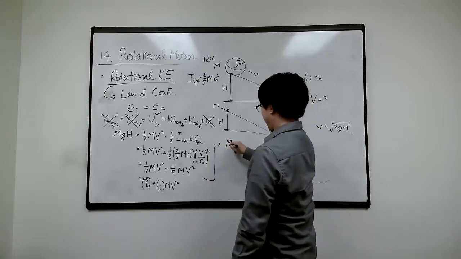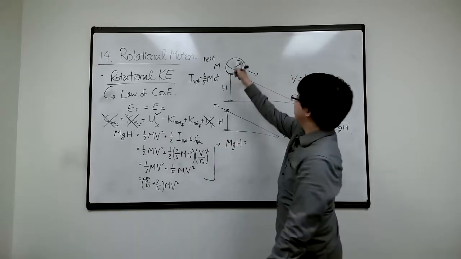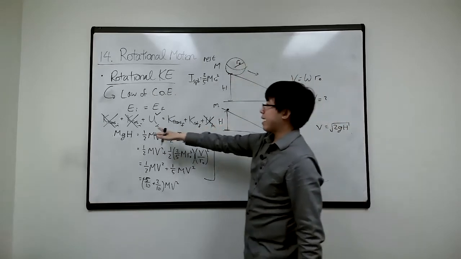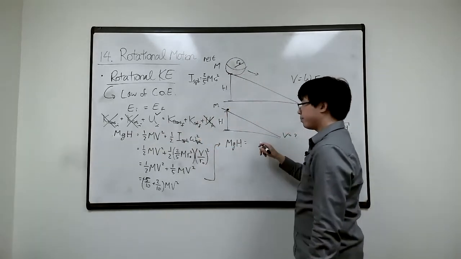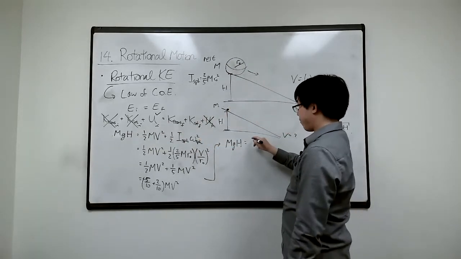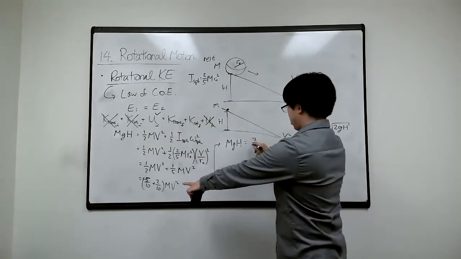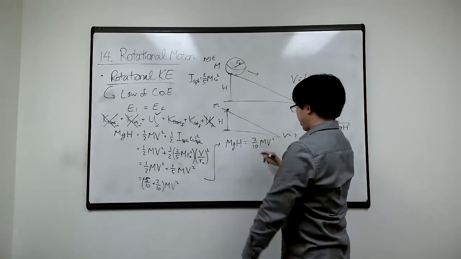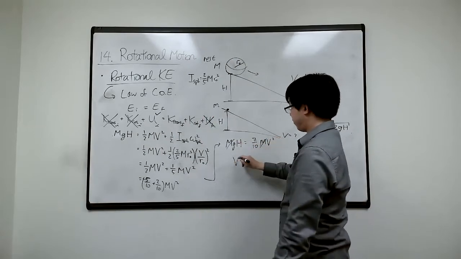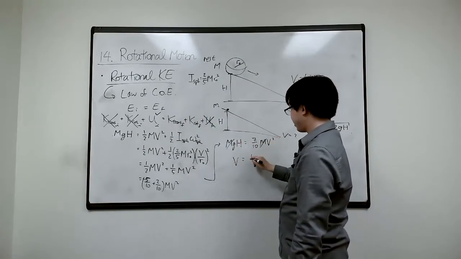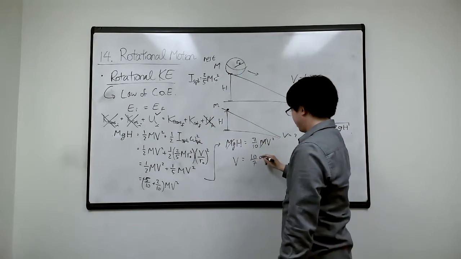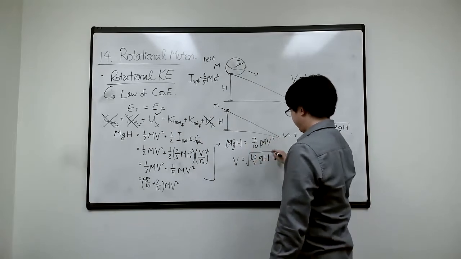On the left, we have Mgh, the initial total energy. This time we included the rotational contribution. On the right, we have 7/10 M V squared. The M's cancel, so what's V? V is now the square root of 10/7 gh.